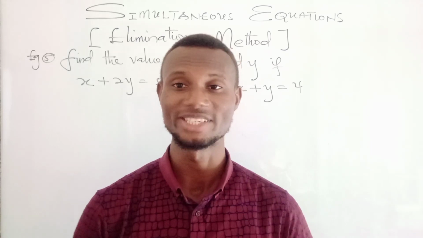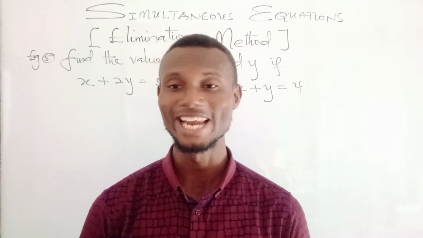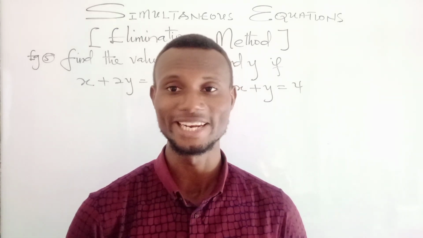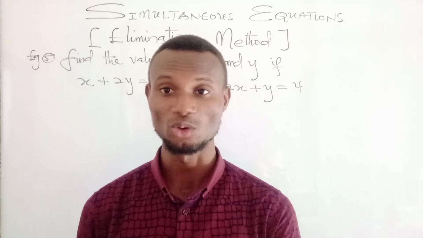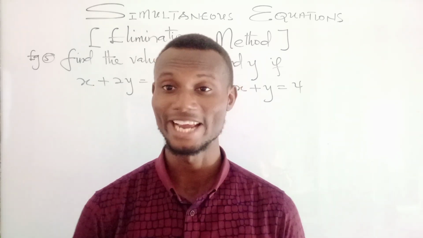So this is a continuation, and in this video I'm going to teach you about the elimination method of solving simultaneous equations. We've already learned about the substitution method, now I want to teach you the elimination method.